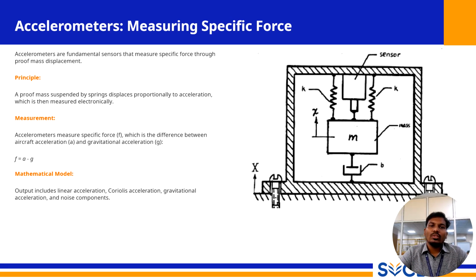Conversely, if the drone were in free fall, both casing and proof mass would be accelerating downward at the same rate due to gravity. There would be no displacement, and the accelerometer would read zero. So specific force is the non-gravitational force per unit mass, the acceleration that you would physically feel.